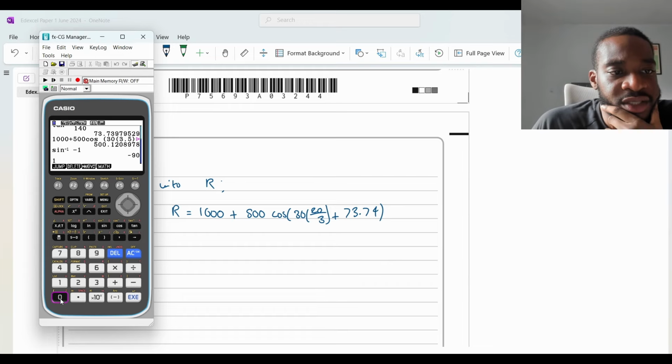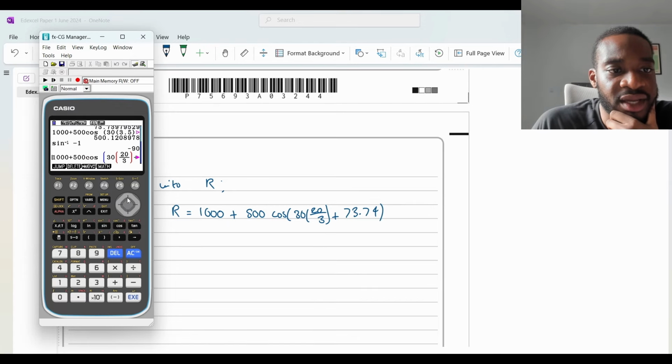So it's going to be 1000 plus 500 cosine, and then 30 times 20 over 3. 3 times 2 is 6, 600 over 3 is 200. That's just 200, but I'll put it in like that just so it's super clear. Then plus 73.74, close bracket.